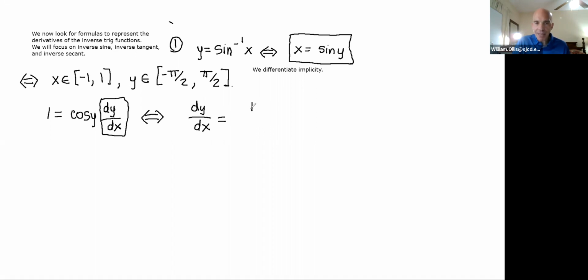So this will only make sense if we don't let y be pi over 2 or negative pi over 2. So we get our cosine y right here. And this will just mean that y lives between negative pi over 2 and pi over 2. That means the x is going to live obviously between negative 1 and 1, so we're going to kick that out.